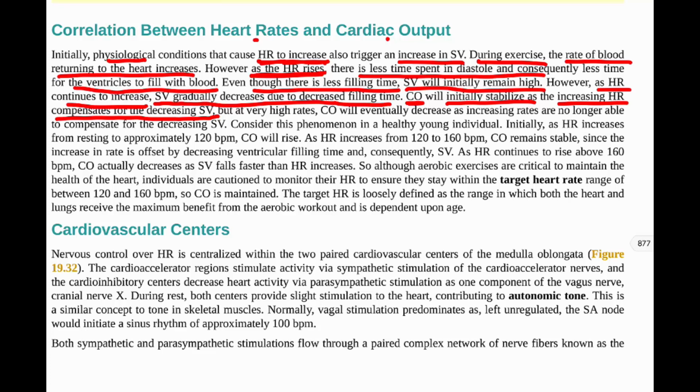Even though it's pumping faster, we're still getting enough diastole of the ventricles to fill up with blood. So our stroke volume is stable, our heart rate is increased. Then we increase our heart rate more, and at first our stroke volume is going to be okay.